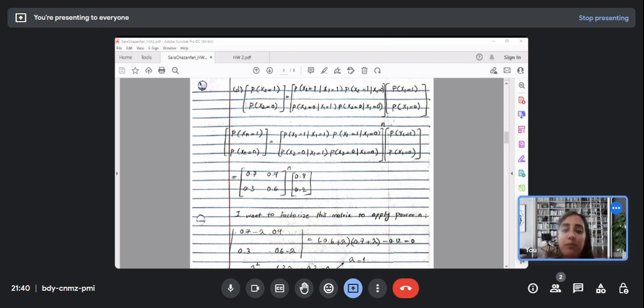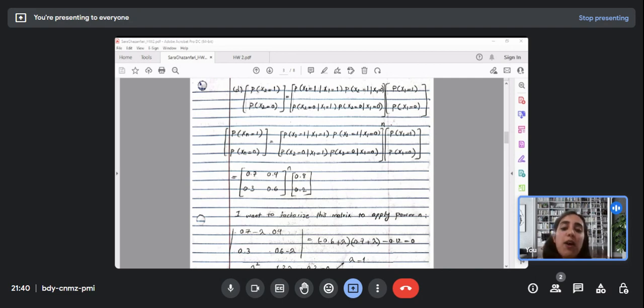So we will write the transition matrix, and then we can write it to the power of n. But it is not easy to solve this, because you should multiply this matrix n times, and n is infinity.